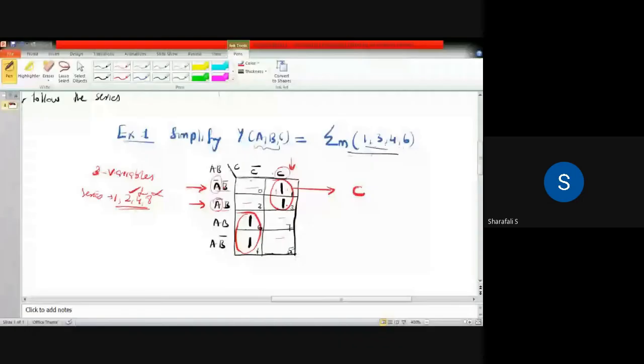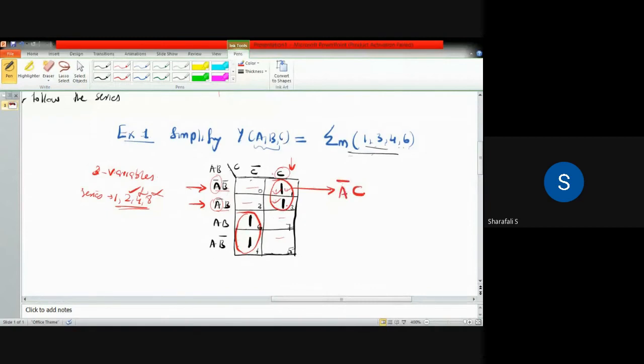B bar is different from B, so we cannot take that. What is common you have to take. Only A bar is common for both these cells, so I can take A bar.